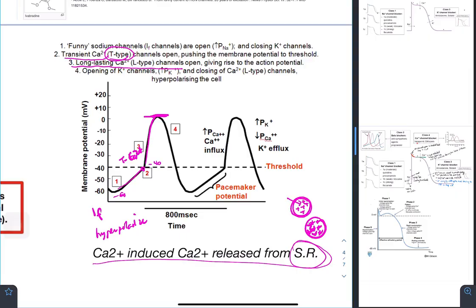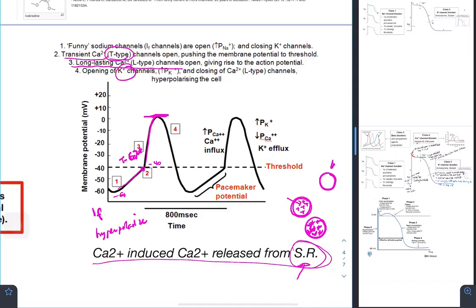Because they are located in the heart, we call it sarcoplasmic reticulum, versus the rest of the calcium storage in other parts of the body, which we refer to as endoplasmic reticulum. Essentially, they are the same structure. Once it reaches threshold, potassium channels would open. Potassium is positive, and so it will leak out.